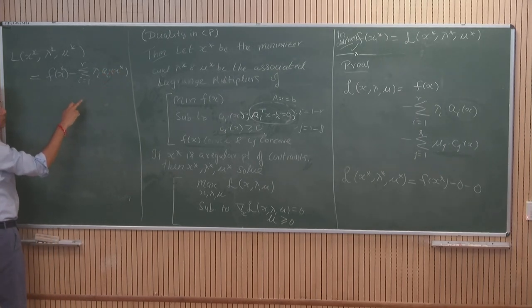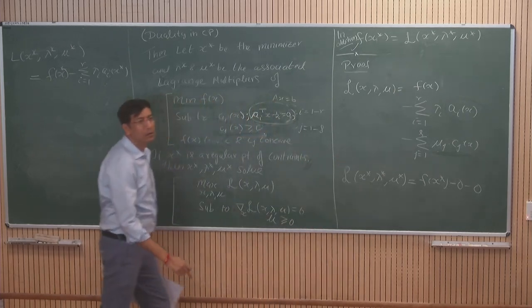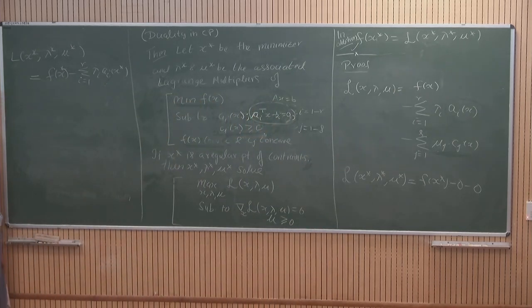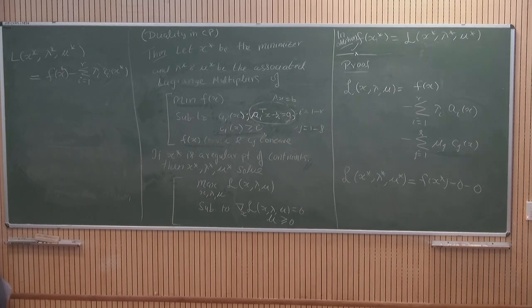What did I change here as compared to here? I removed the star from the lambda. I'm putting not the minimizer Lagrange multiplier, but any Lagrange multiplier corresponding to the equality. You'll see in a minute why I'm doing it.